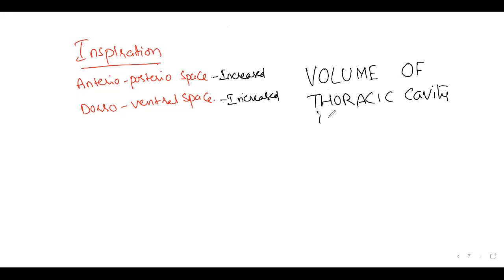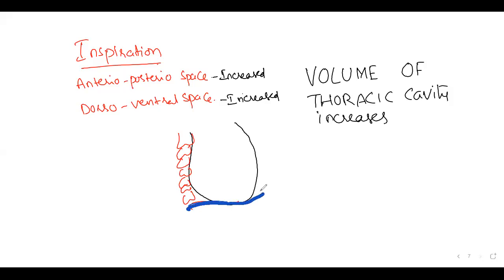When the volume of the thoracic cavity increases, very important, as I said to you, the pleural parietal layer, the outermost layer of the lungs, attaches dorsally to the vertebral column, posteriorly to the diaphragm, laterally to the ribs, and ventrally to the sternum.